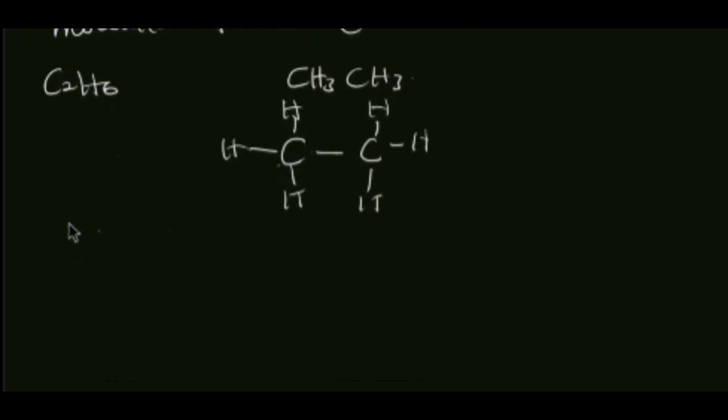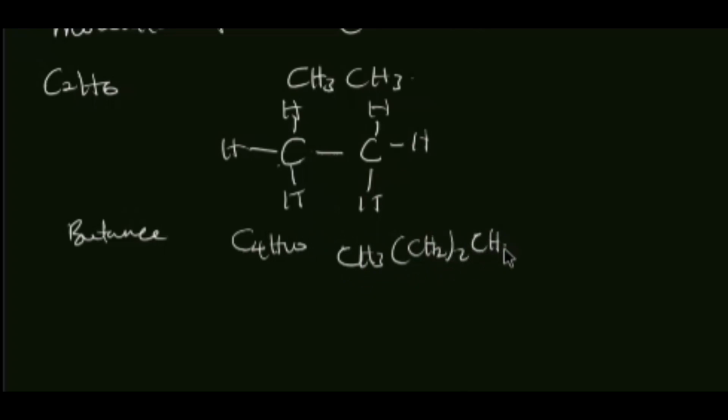We can do the same for butane, which is 4 carbons. So butane is C4H10. The condensed structure is CH3, you have CH2, which is 2, then CH3. You can see that we have 4 carbons.